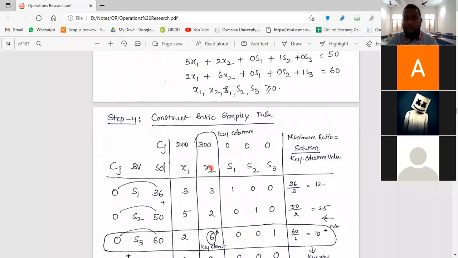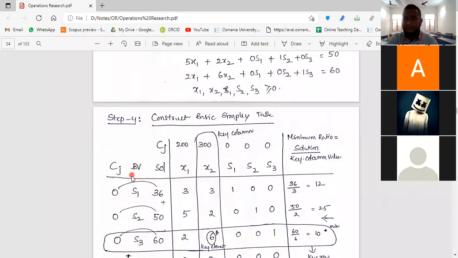What is the contribution of x2 in the objective function? It is 300. 200x1 plus 300x2, no? So 300. The contribution of S1 in the objective function is 0. Similarly, the contribution of S2 is 0. Again, S3 contribution is also 0. So 200, 300, 0, 0, 0. This is the contribution of different variables to the objective function.